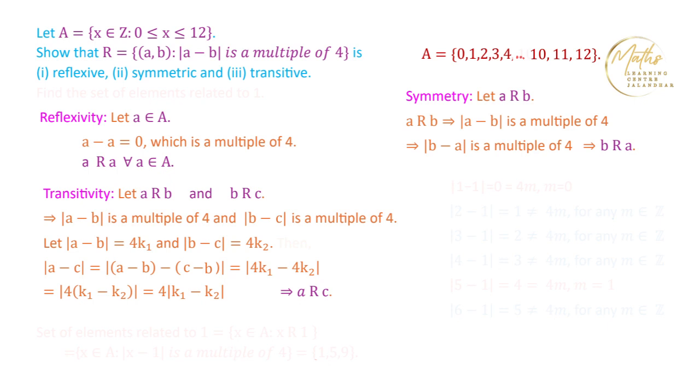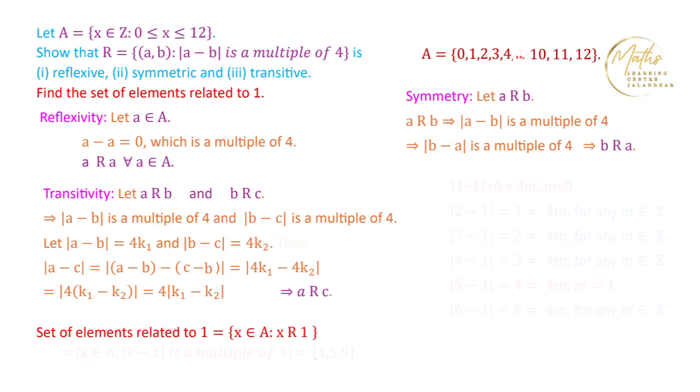Now next we have to find the set of elements related to 1. So the set of elements related to 1 means we are interested in those elements of A for which x is related to 1.